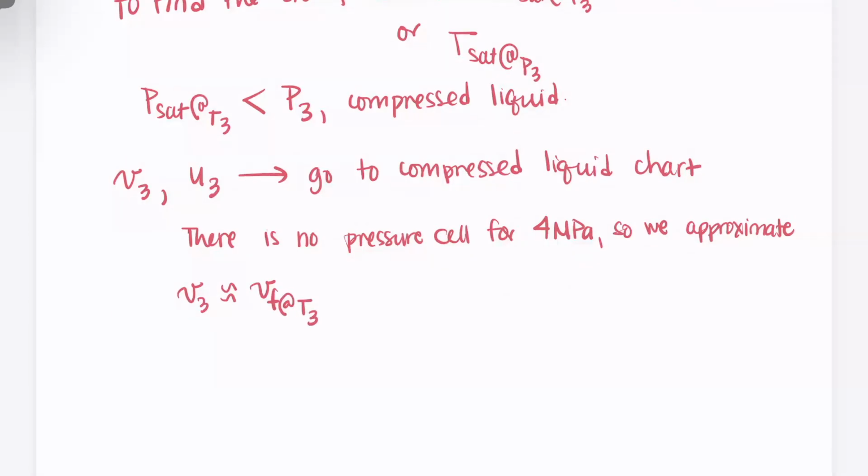Right? So always look up the saturation values based on temperature, not pressure, right? Okay. This would be a handy little thing to put on your cheat sheet, as just a suggestion.